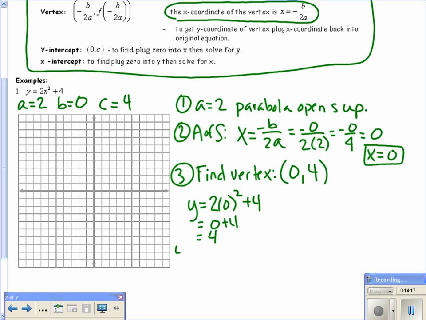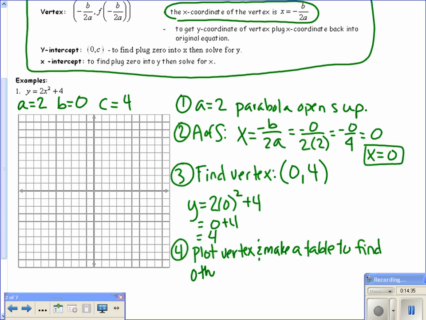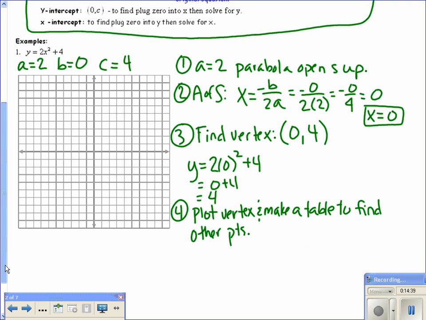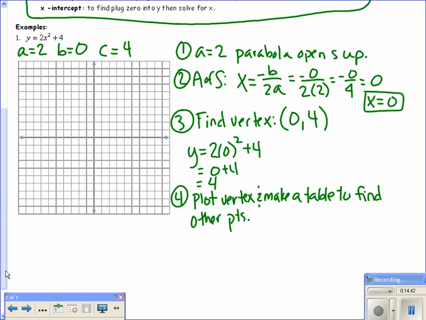Now that I have that, the next thing I'm going to do is plot the vertex and make a table to find other points. So I know my vertex is at 0, 4, so 0 is at the origin, up 1, 2, 3, 4, so this is my vertex.